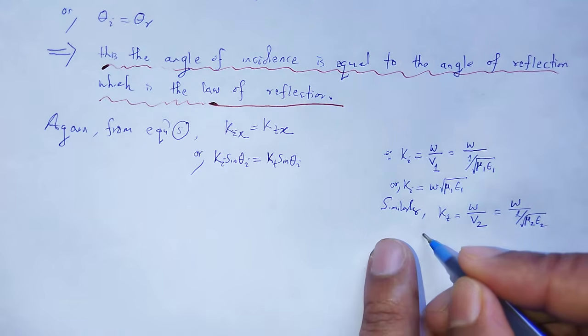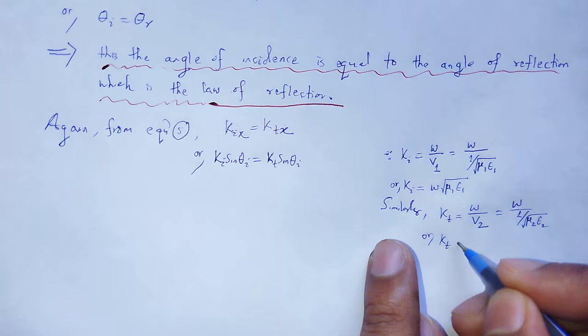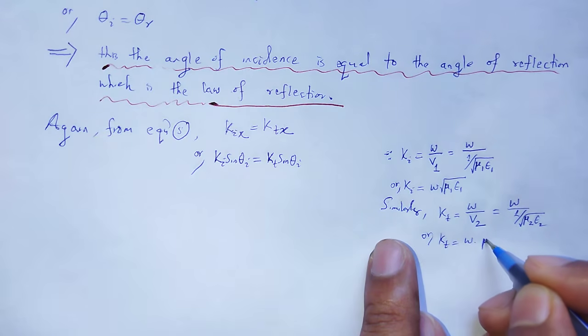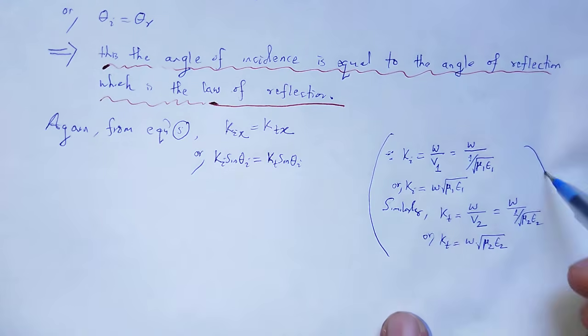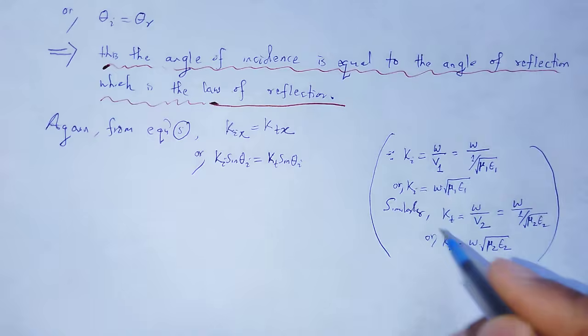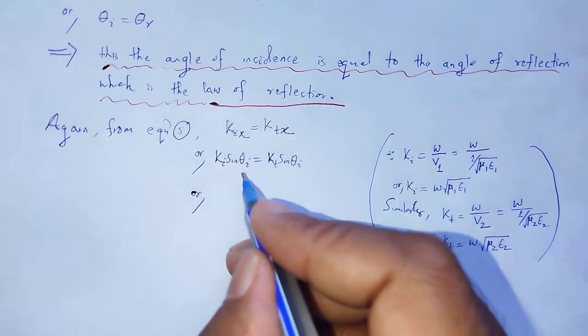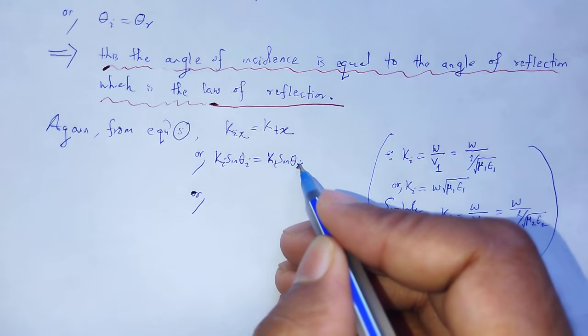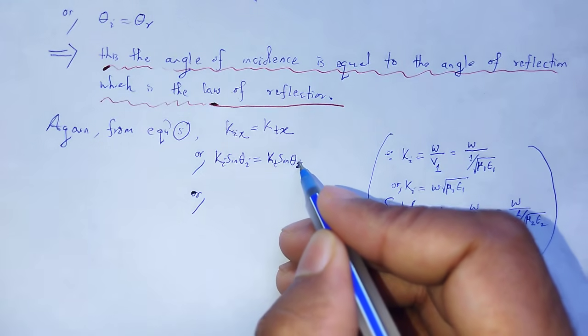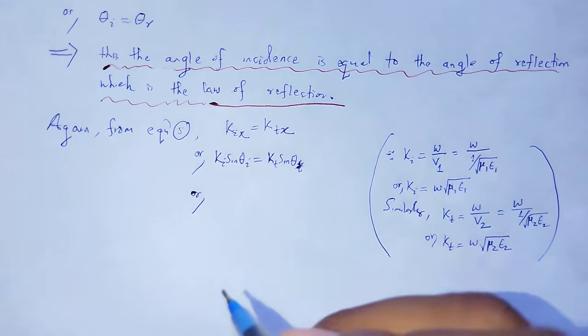Therefore, kt is equal to omega into under root of mu 2 epsilon 2. So these values are put here.